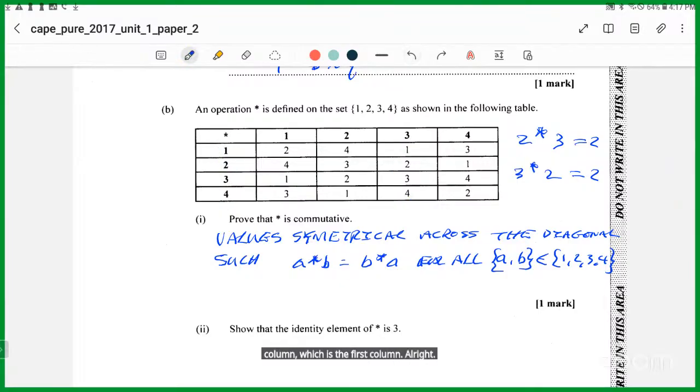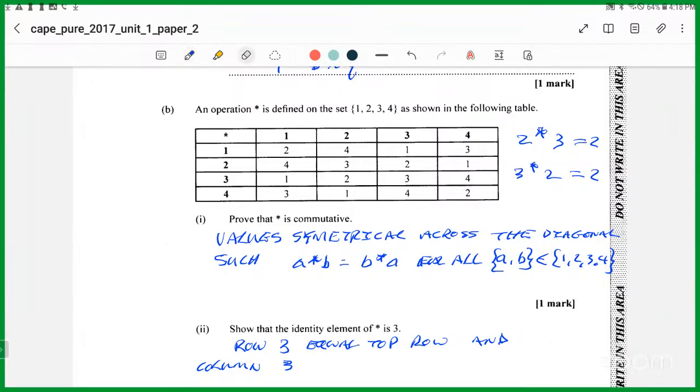Alright, so I would say row 3 equals top row and column 3 equals the left column.